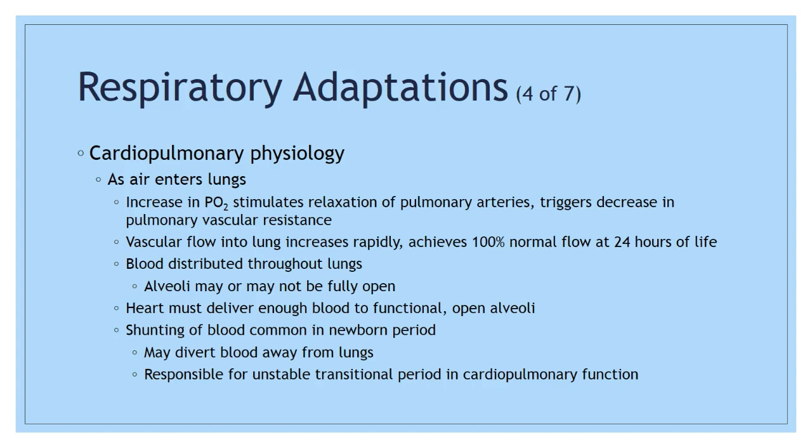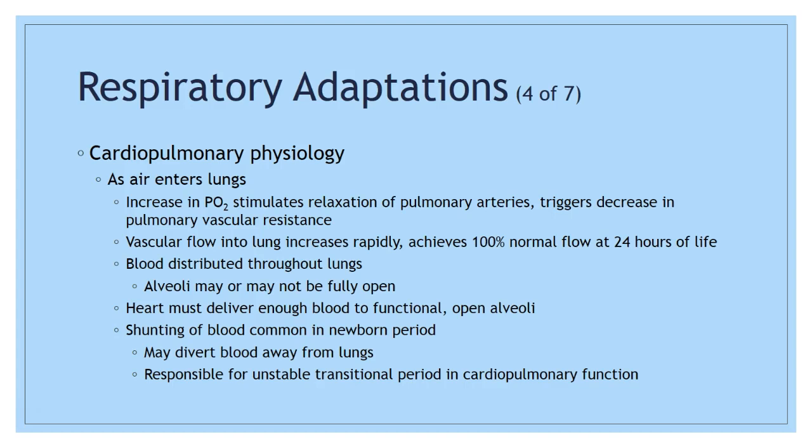It triggers a decrease in pulmonary vascular resistance. Pulmonary vascular resistance in the fetus is high because we don't want all of the blood going into the pulmonary system. So if pulmonary vascular resistance is high, then the blood will shunt to the left side of the heart in the fetus.